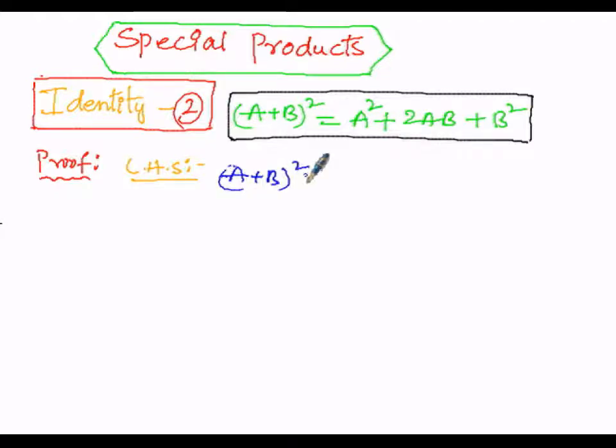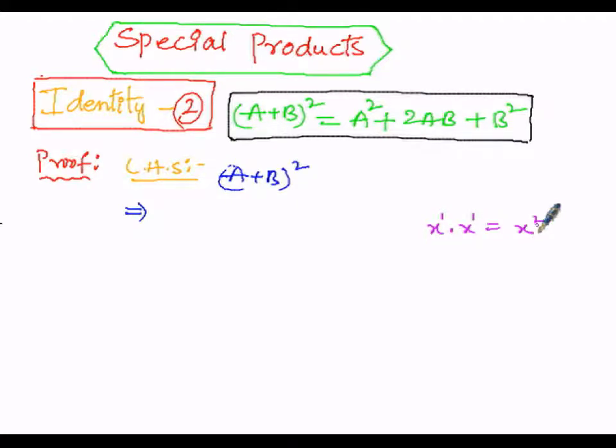Then we know x into x, where bases are equal, the product law must be applied. Here the exponents are 1 and 1, so add up the exponents: a power m into a power n equals a power m plus n, that is 1 plus 1 is 2. So we are utilizing that x into x is x square.